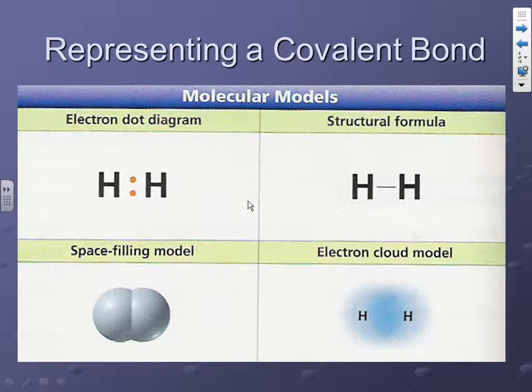But sometimes that gets pretty messy and convoluted, and there's too much going on to draw all the dots. So we will shorthand that bond and turn the formula into a structural formula. Structural formulas use these lines to represent the pair of electrons that are being shared.